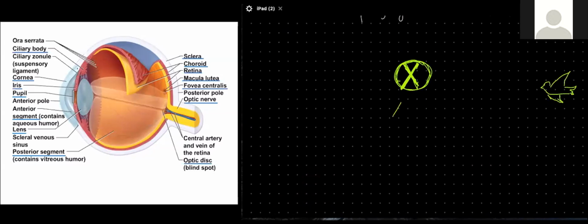If you look at this X, can you still see this bird? What do you think? Yes or no? Is it with the same quality? Not in details. You still see the bird, but not with the same quality, right? Not in detail.